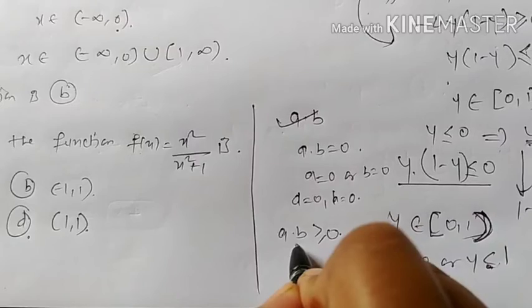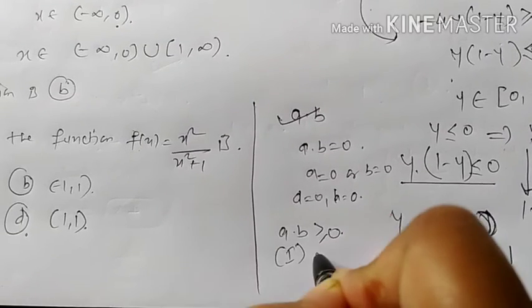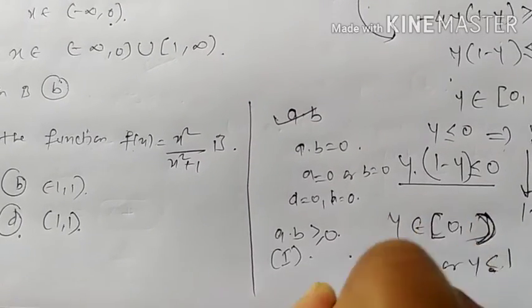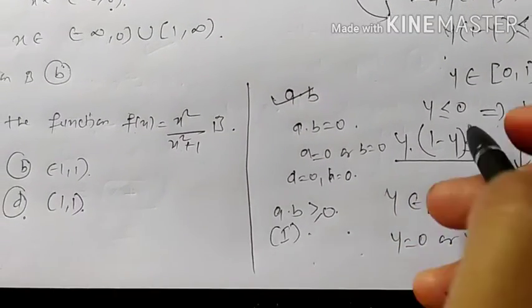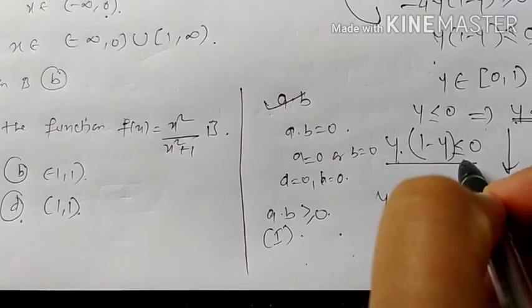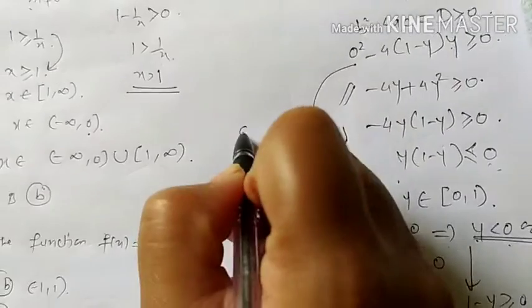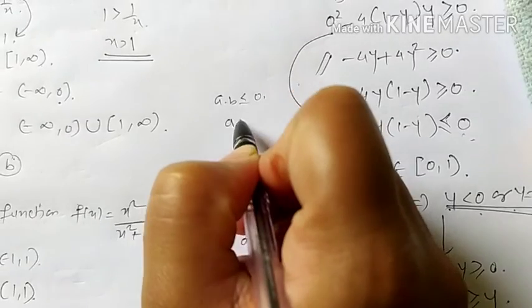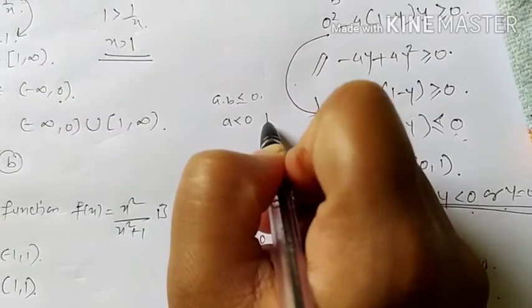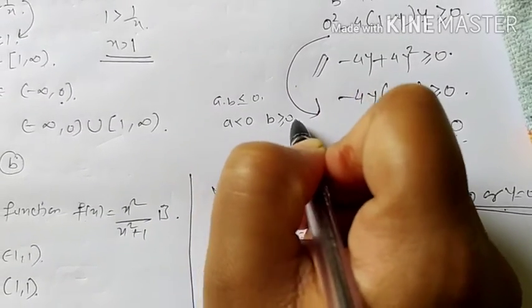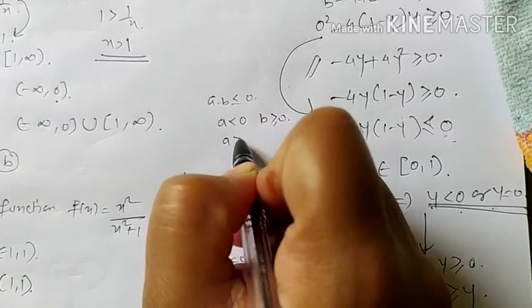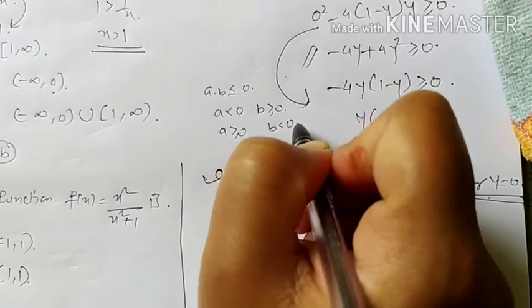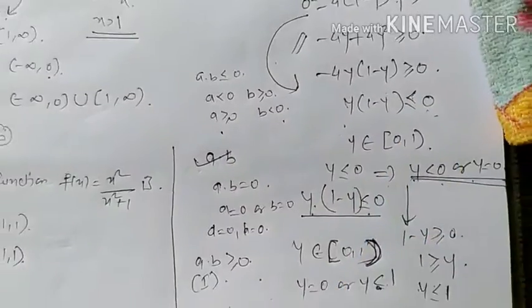For making this product positive, one case is both should be positive or both should be negative. But now here the product is less equal to 0, so if a into b is less equal to 0, then either a is less than 0, b greater or equal to 0, or a is greater or equal to 0, b is less than 0, which means one quantity should be negative.